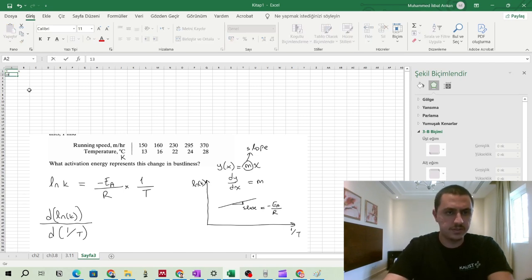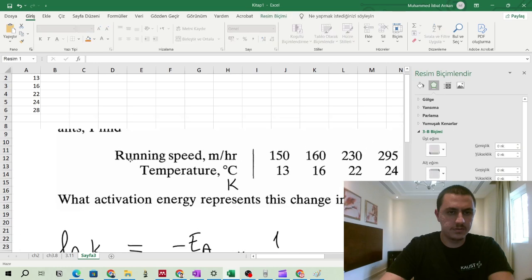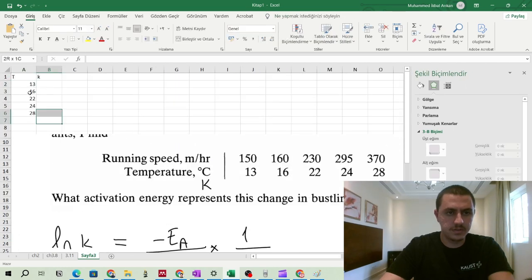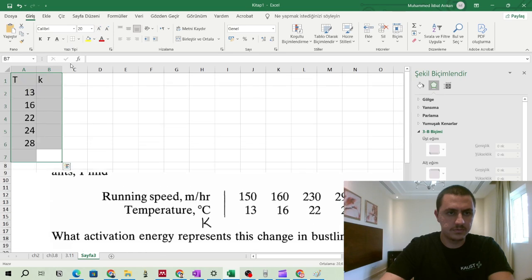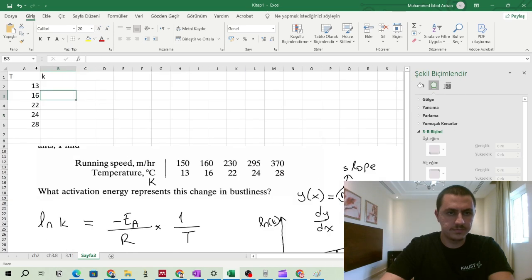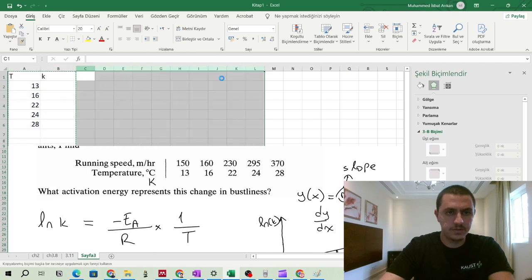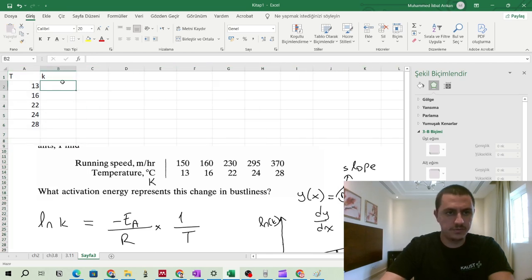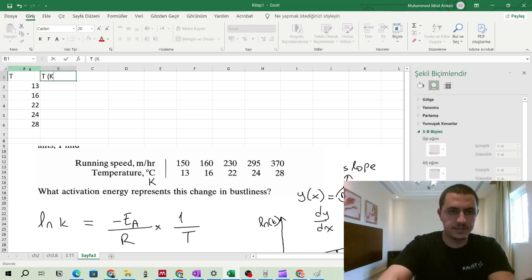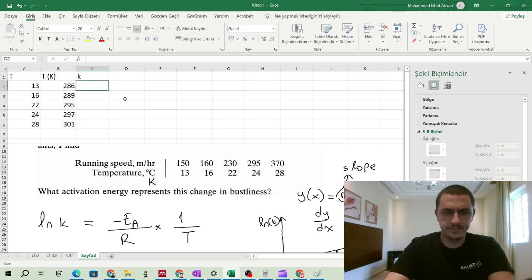Temperature values, let's put now in units of Celsius, then we will convert. We will have T in units of Kelvin; we will need to add just 273. Then we have k.